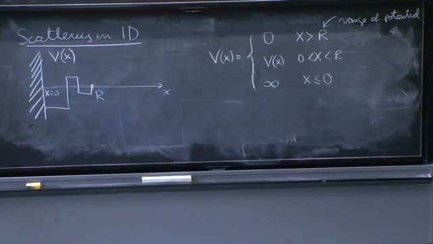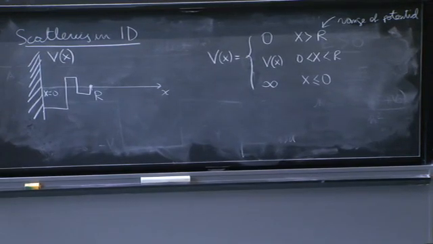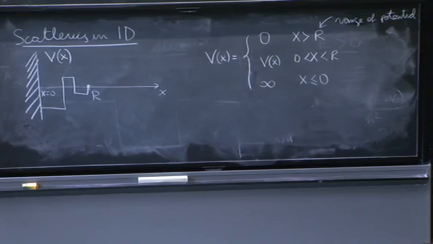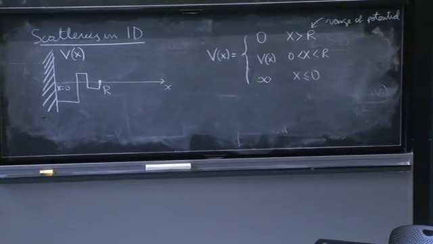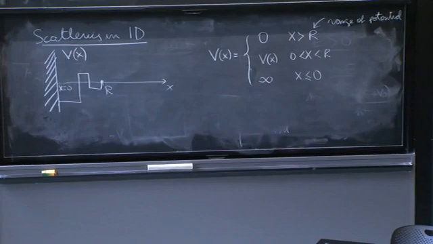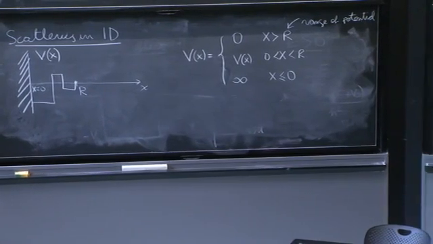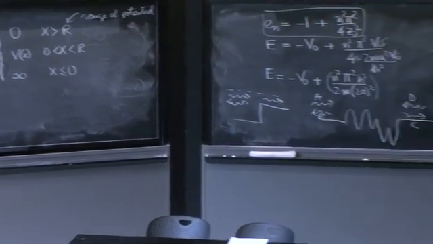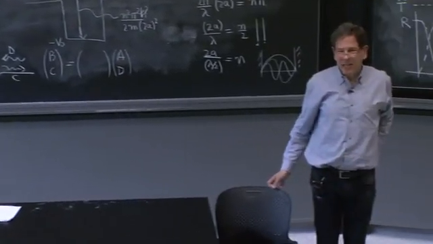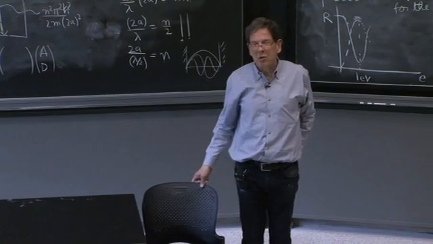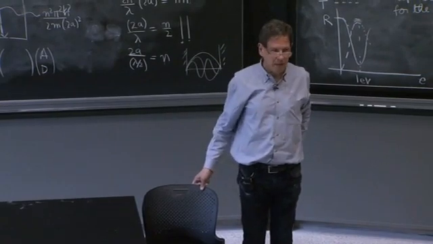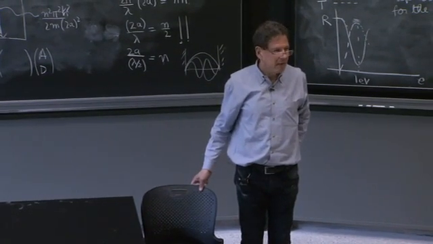And the experiment that we think about is somebody at x equal plus infinity throwing waves into this potential. And this observer can only get back a reflected wave. And from that reflected wave, the observer wants to deduce the type of the potential that you have there.